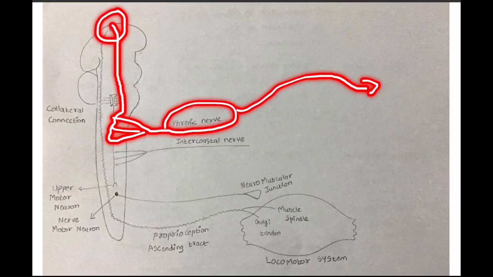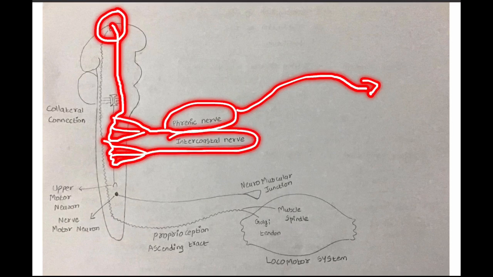So the same signal will pass to the lower vertebra and to the motor neurons, and these motor neurons combine together to form a nerve known as intercostal nerve, and it will supply the intercostal muscles, and the function is contraction of the intercostal muscles.